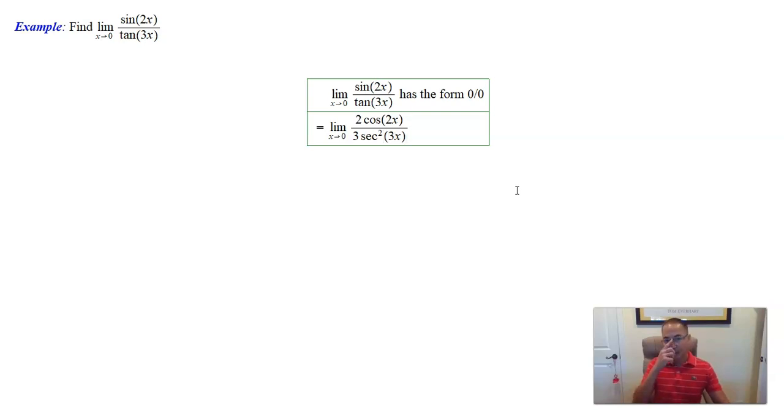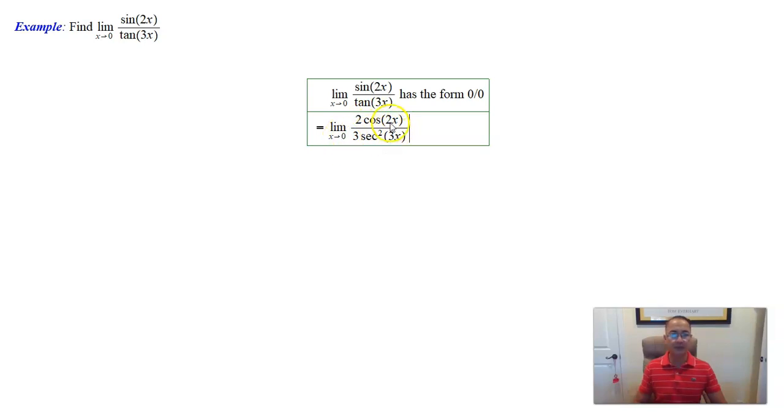Those are the derivative of the numerator and the derivative of the denominator. One more thing: L'Hopital's rule says f prime over g prime. It's not the quotient rule for derivatives. It is not f over g quantity prime. No, it's f prime over g prime. It's a lot simpler. Can we take the limit now by direct substitution?